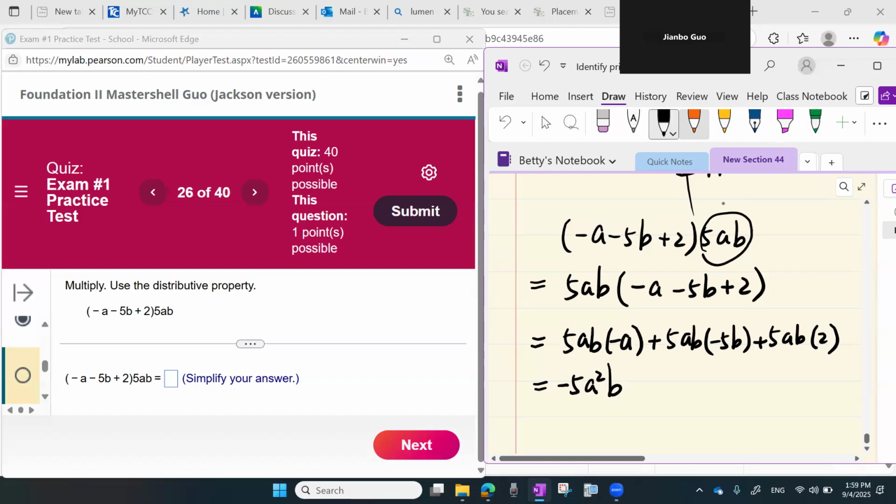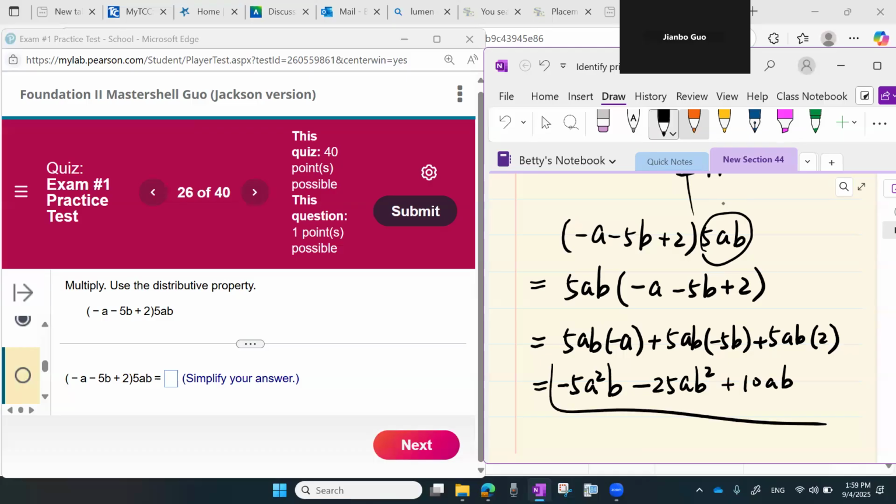It is a little bit more challenging, this problem, than the problems we practiced in the class. But it should be similar to the problems you are practicing in the assignments, right? So here, positive times negative is negative. 5 times 5, 25. ab times b, ab squared. And 5ab times 2, 10ab.